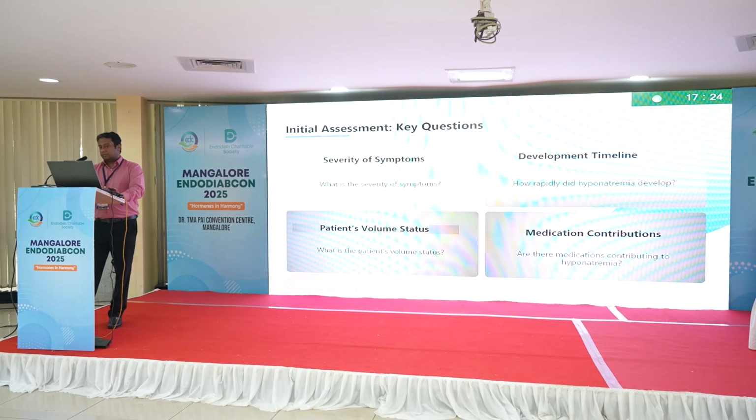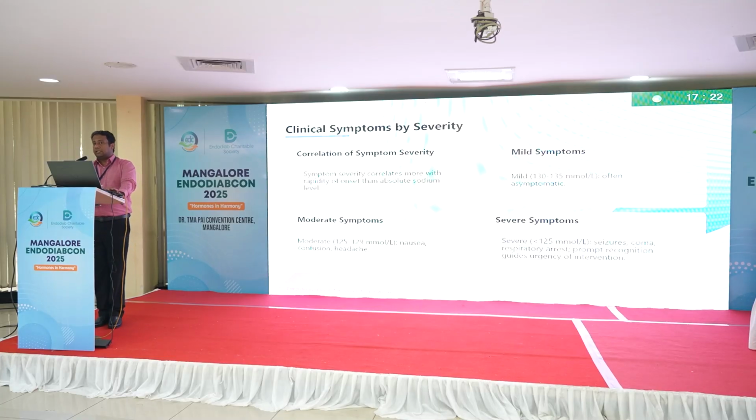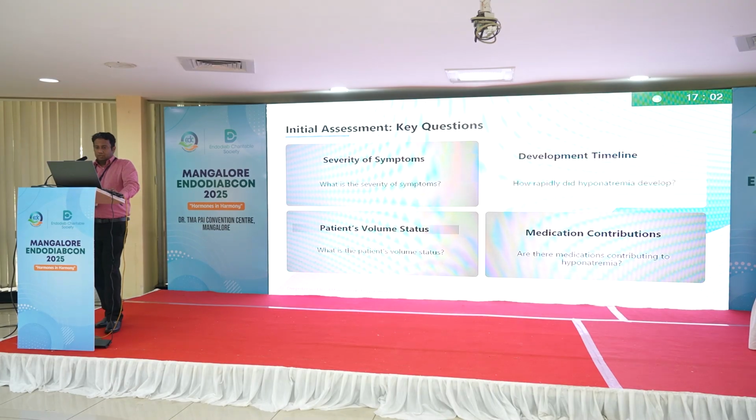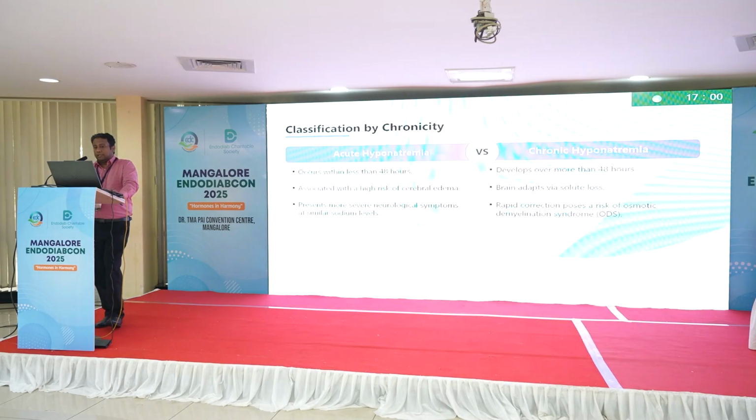Coming to severity, you can have mild symptomatic and moderate symptomatic hyponatremia. Usually at 125 to 130 people are mildly symptomatic. When sodium falls below 120, that's when they become severe. With very low sodiums, 100 to 110, they can have altered sensorium, seizures and coma. Then the developmental timeline: approximately 48 hours.